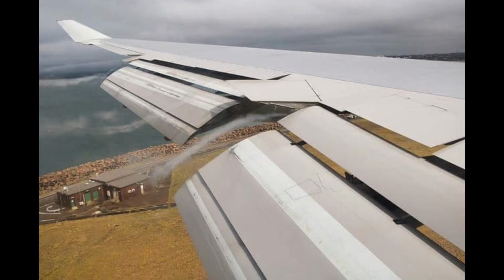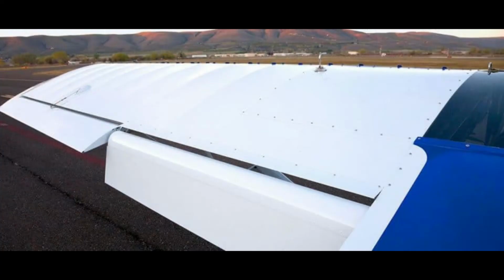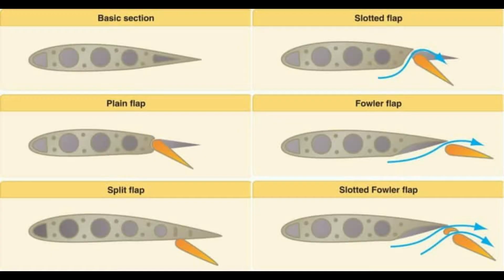With aircraft flaps, you can reduce the roll when taking off and landing, produce more lift so that you can lower your takeoff and landing speeds, and produce more drag so that you can have a steeper descent without an increase in airspeed. Types of flaps: slotted flap, plain flap, Fowler flap, split flap, slotted Fowler flap.